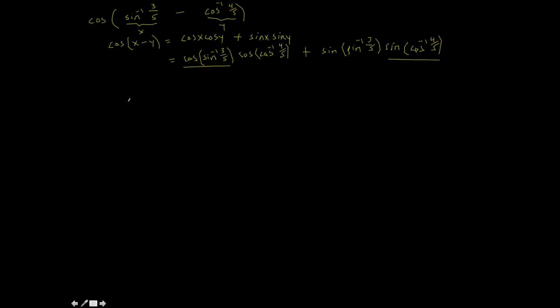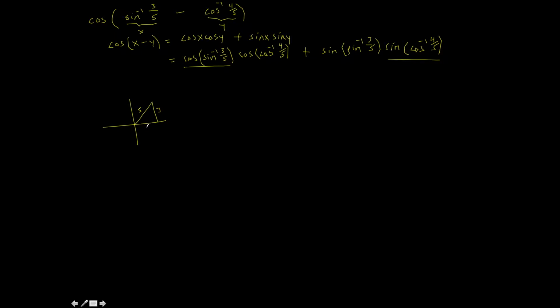So if we're looking at this, alright, so 3/5, where sine is 3/5, that would have to be 3 here, 5 here. Remember, because arc sine has to be between negative pi over 2 and pi over 2, so it's going to be in the first or fourth quadrant.